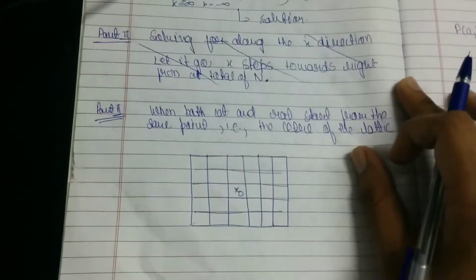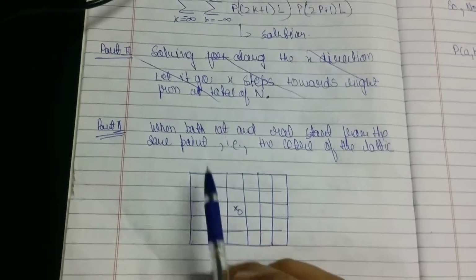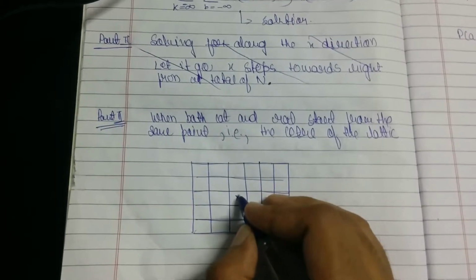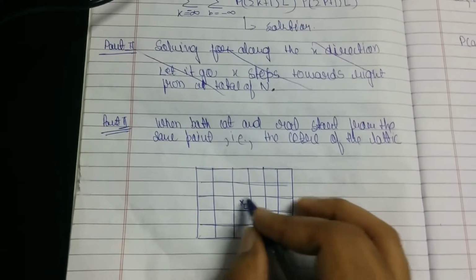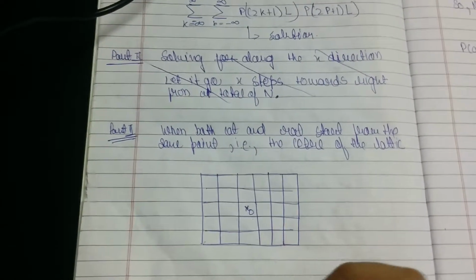For the next question, most of the solution remains the same, but now we have both the cat and the rat at the center of our grid and not at diagonally opposite ends.